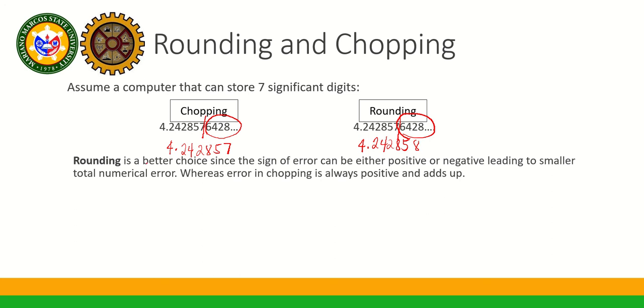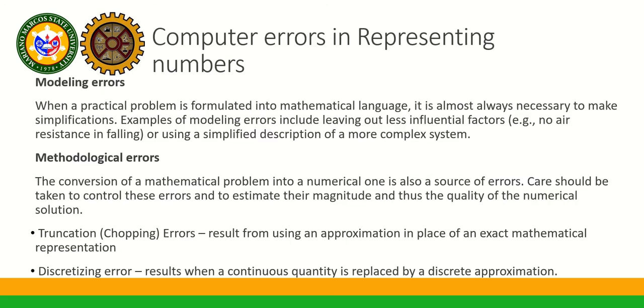So, which is a better choice? Rounding is a better choice since the sign of error can be either positive or negative, leading to smaller total numerical error. Whereas error in chopping is always positive and adds up. So, mas maganda na ginagawa natin is rounding kesa kay chopping, to reduce yung error na mangyayari.